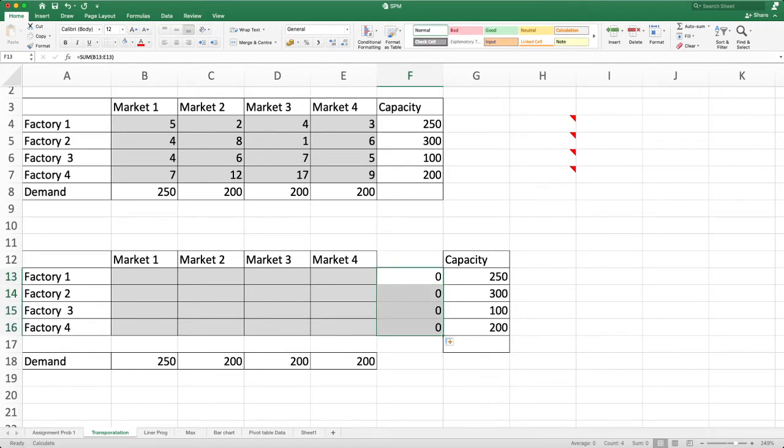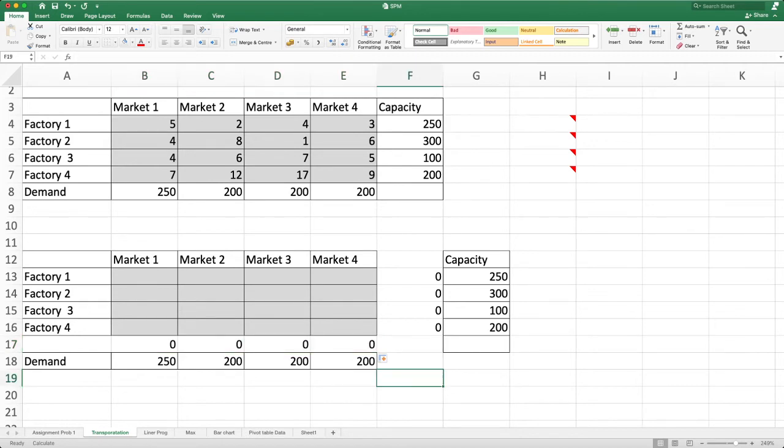Here also you can do the same: equal to the sum of each column total. It should be equal to the demand.